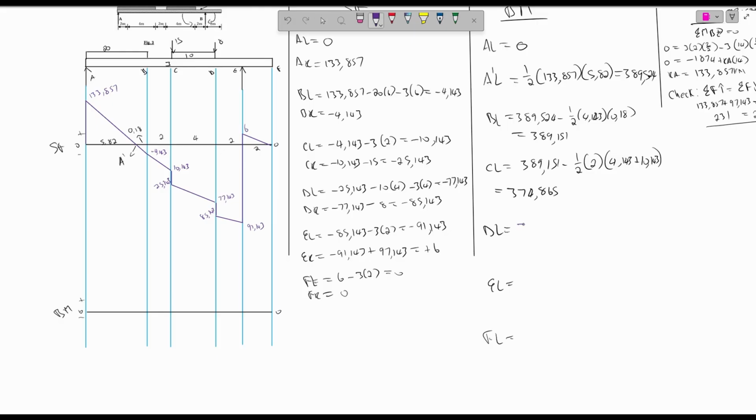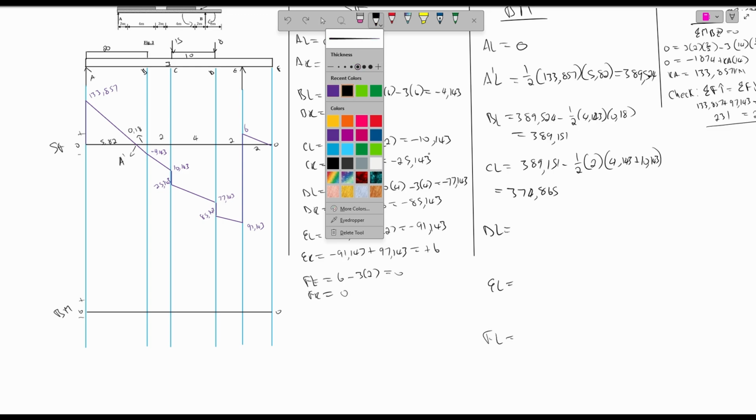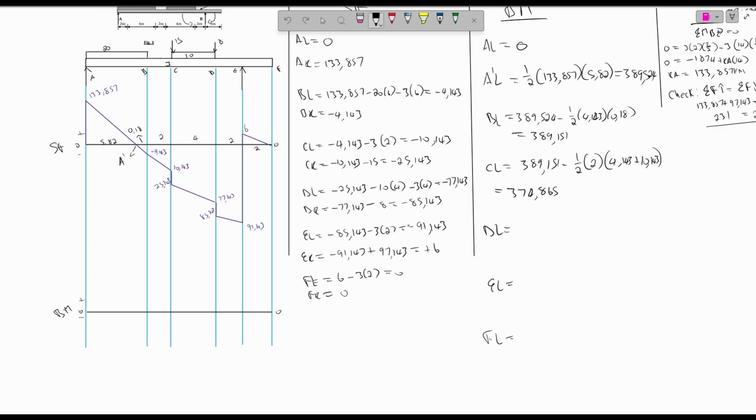Our D left we have 374.865 minus 1 over 2 times 4, 25.143 plus 77.143, and you get 170.293.